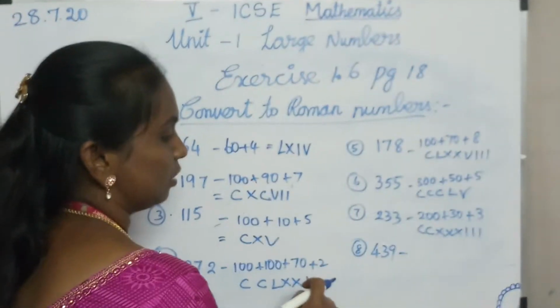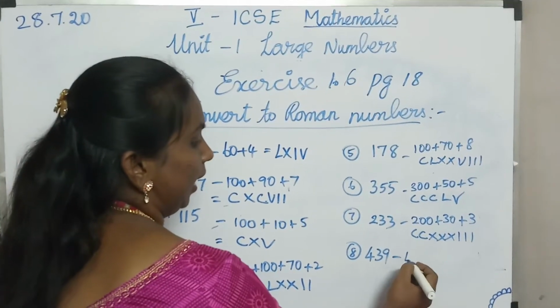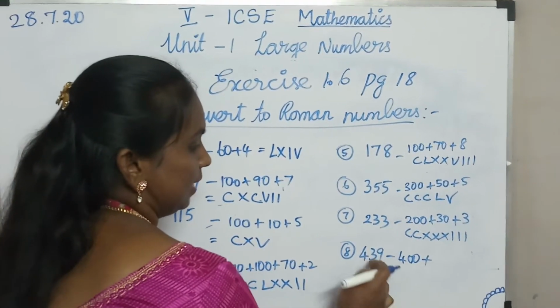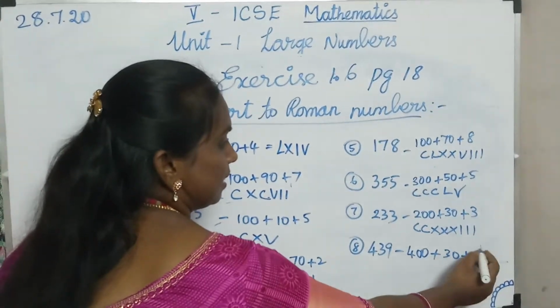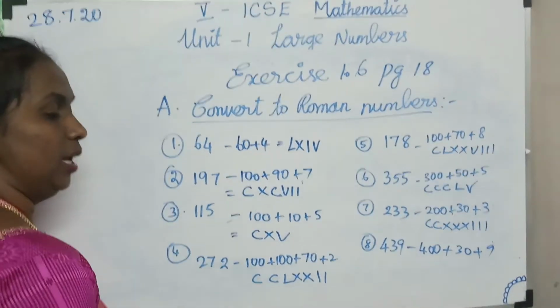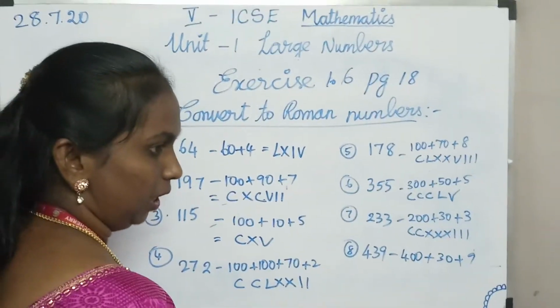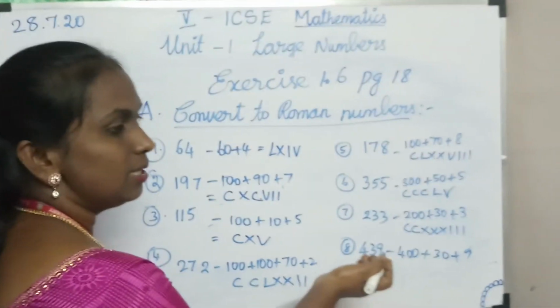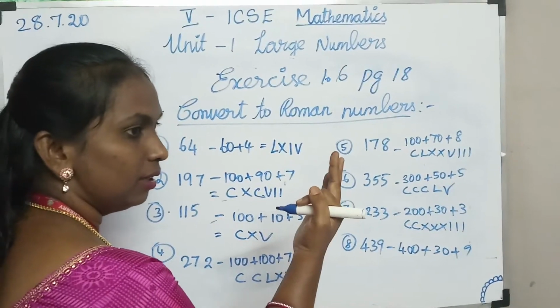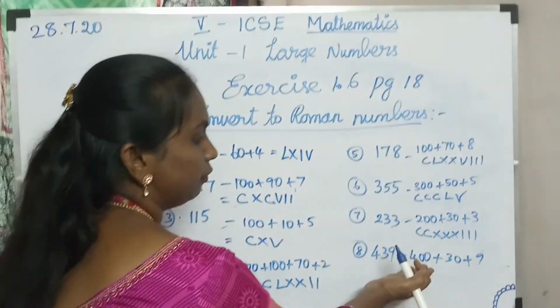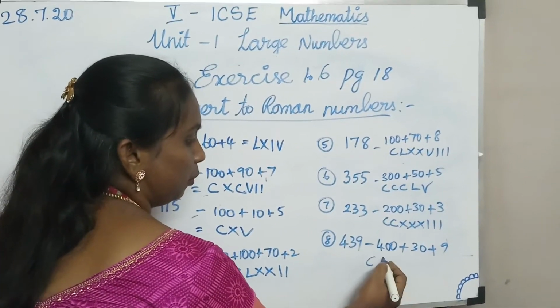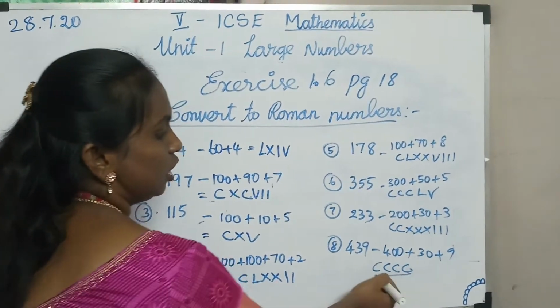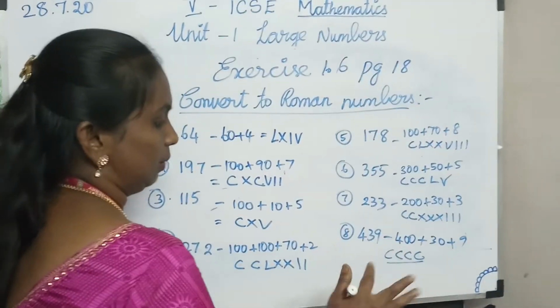Coming to the last question, 400 plus 30 plus 9. We should not use the same Roman letter more than 3 times. For 400, we should not put C four times. That is a rule.